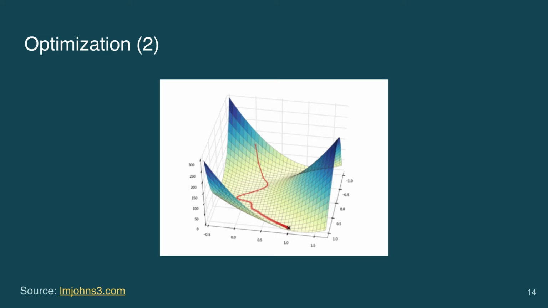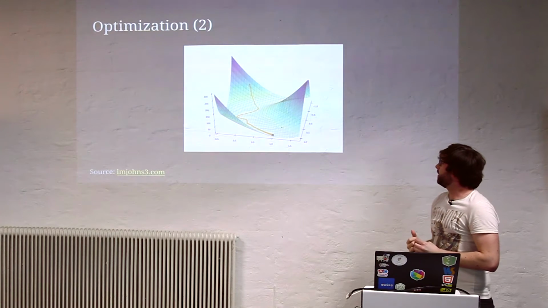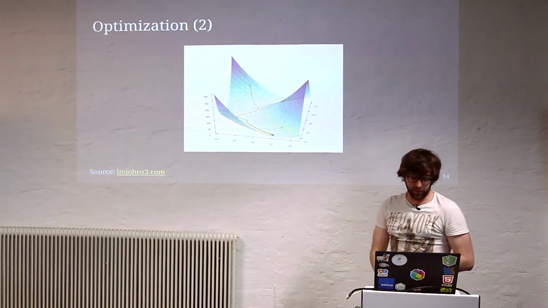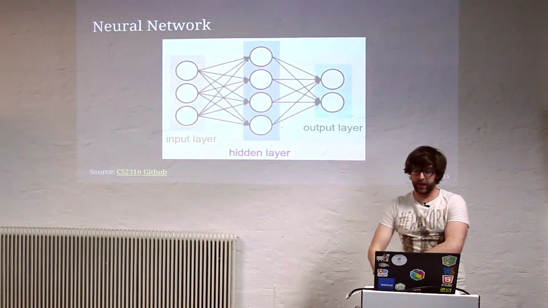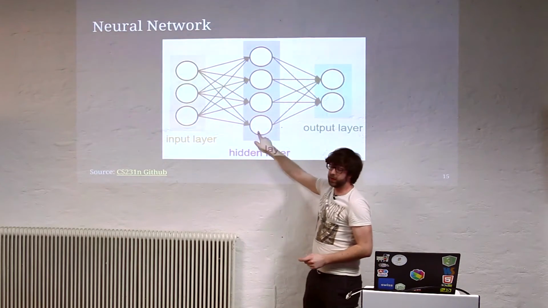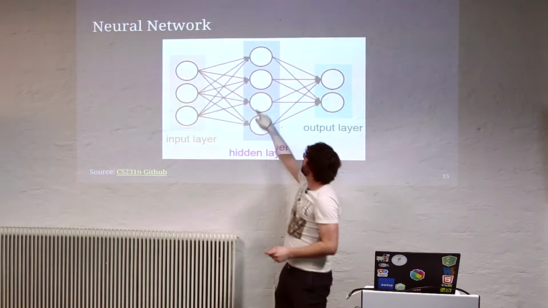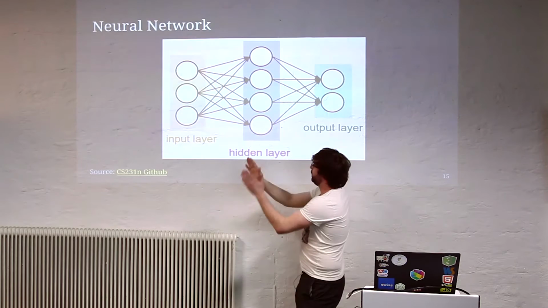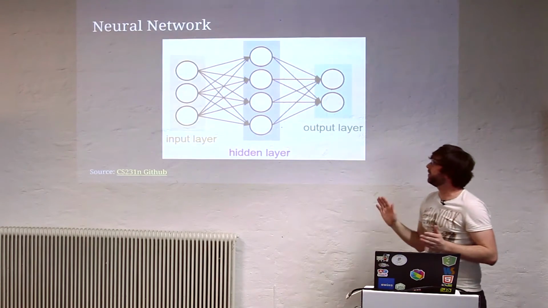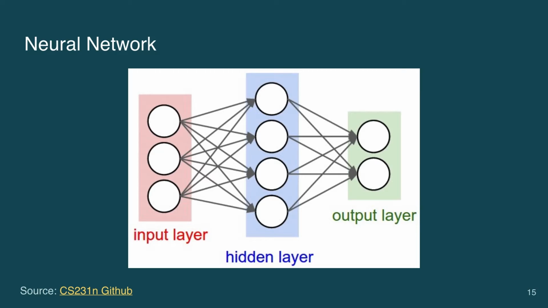And you want to find the values that are in the minimum. So you want to find the weights that best approximate your function. And so this was one of these dots. If you put a lot of these dots together, and if you put them in layers, you get a neural network. So that's a little bit how a neural network looks like and how it works internally.